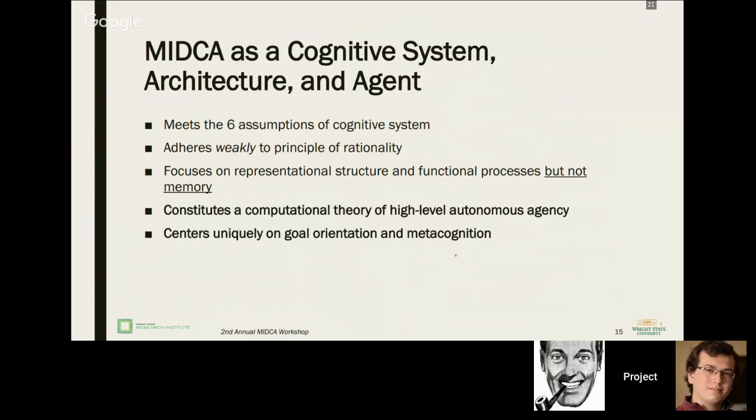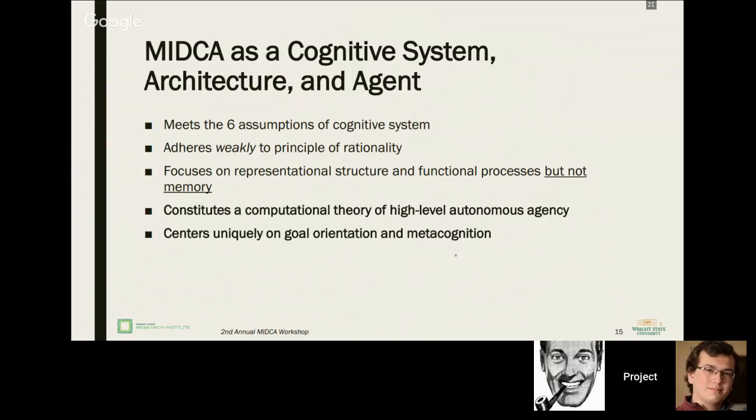Of the six assumptions of a cognitive system, other than a weak link to human data, being more inspired than trying to model human data, they were generally met. It adheres weakly to the principle of rationality. We do focus on what the representation is, what the processes are, and what the function of those processes is, that is their input, their output, and the transition, but not memory per se.